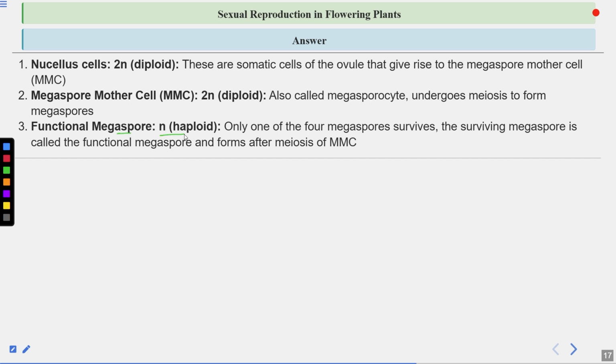The functional megaspore is haploid. Only one of the 4 megaspores survives. The surviving megaspore is called as the functional megaspore because there are the 4 megaspores. Megaspore mother cell undergo meiosis to form 4 megaspores. Out of these 4 megaspores, 3 get degenerated and only 1 survive, and it forms as a functional megaspore, right?